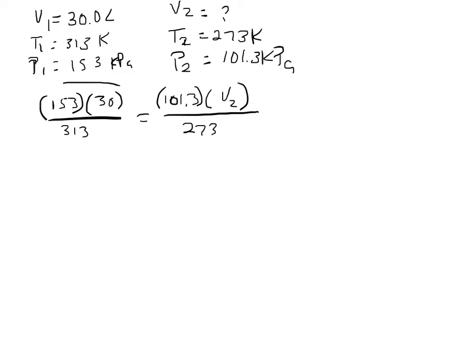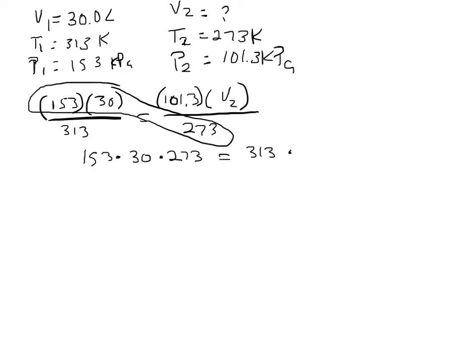Once again, we're going to cross multiply: 153 times 30 times 273 equals 313 times 101.3 times V2. Then to get rid of this, I would divide both sides by 313 times 101.3.